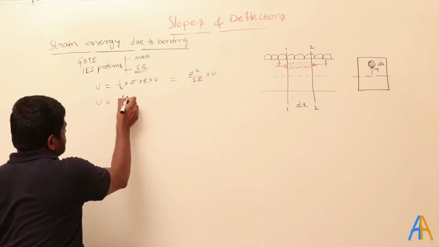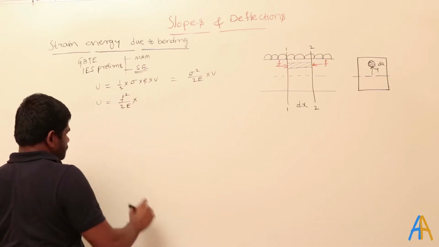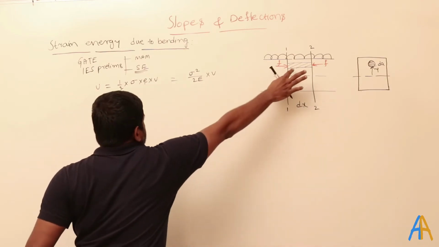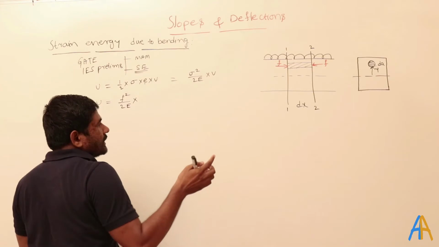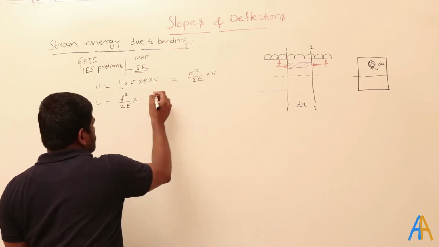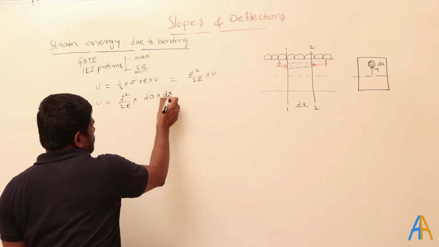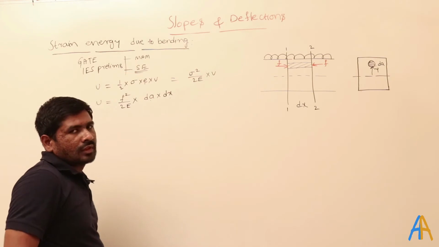Strain energy is equal to F square divided by 2E into volume. What is the volume of this particular strip that I have taken? It is like a cylinder, so area dA into length dx is the volume.